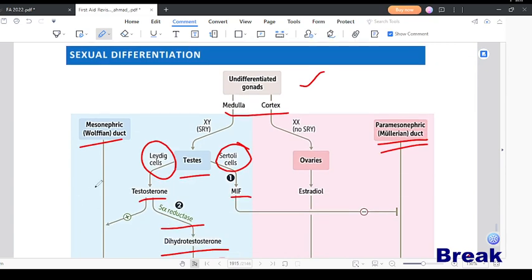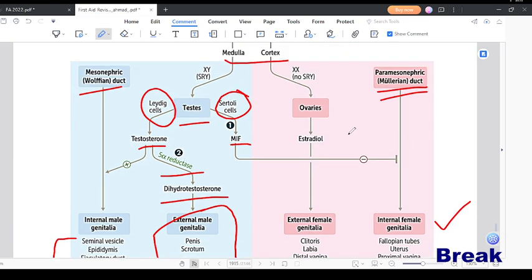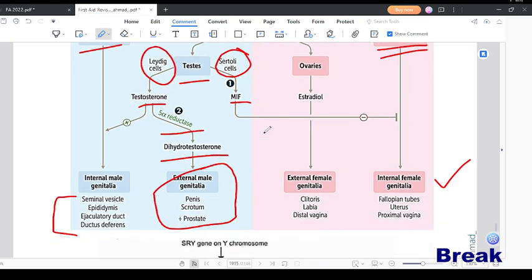In the female with XX genotype or no SRY, there will be formation of ovaries. Ovaries release estradiol, and estradiol causes the formation of external female genitalia: clitoris, labia, and distal vagina. So remember that the sex hormones testosterone and estradiol cause the development of the external genitalia, while the internal genitalia depend on different types of ducts.